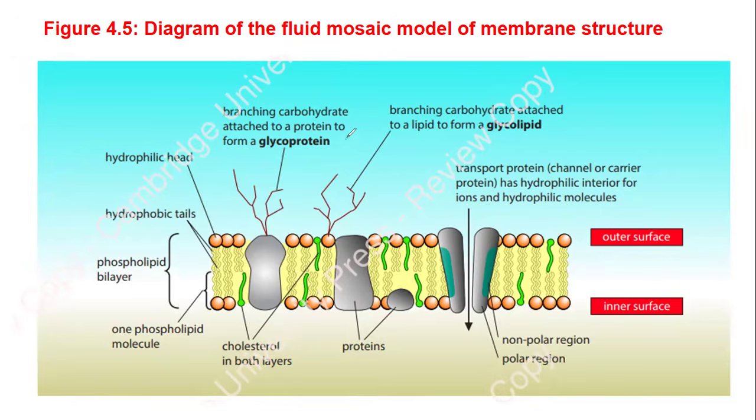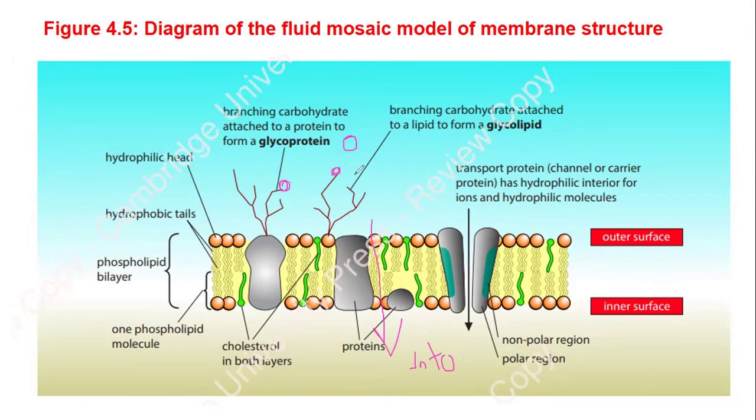So even sometimes we can have molecules carrying messages, which are supposed to be sent into the cell. But those molecules, most of the time, attach to these glycoproteins or glycolipids. So the glycoproteins and the glycolipids are going to be acting as receptors. They're going to be receiving those messages.